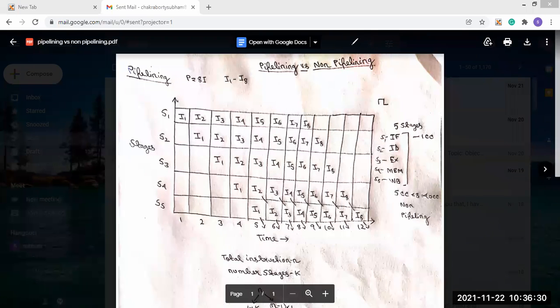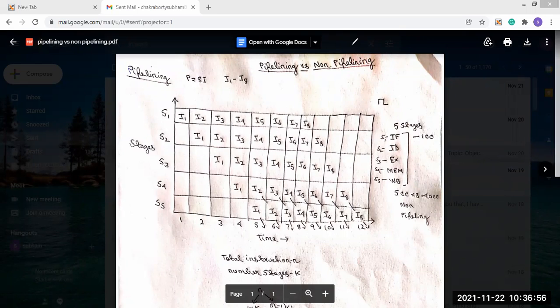Hazards means problems. Because of some problem, it is not always the case that in each clock cycle an instruction will get executed. Let's say I1 gets executed, and after that the next instruction I2 has some complex operation in it, so it may require much more time.